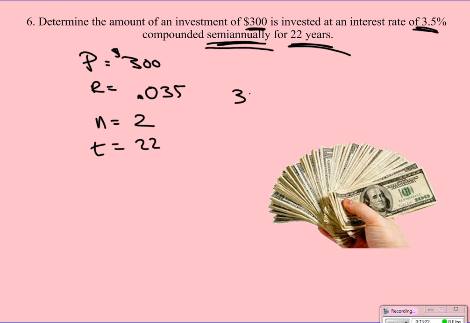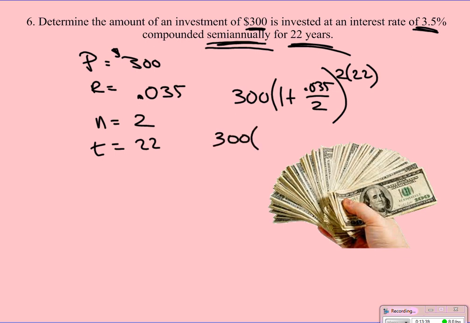So my principal amount, 300. My rate, 0.035, compounded twice a year, raised to the 2 times 22. So when I do that, I end up with 1.0175 raised to the 44th power.